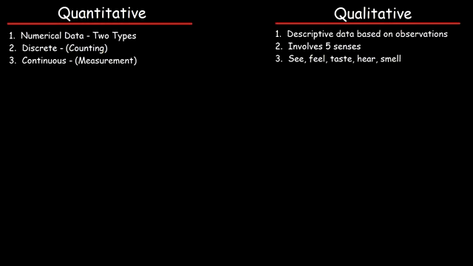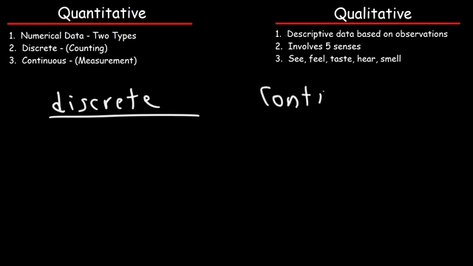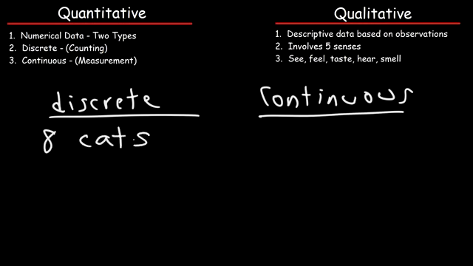And there's two types of numerical data. You have the form that is discrete and the form that is continuous. Now, discrete data, it's based on counting. For instance, let's say if there are 8 cats, that's a discrete number. You cannot have 8.5 cats.